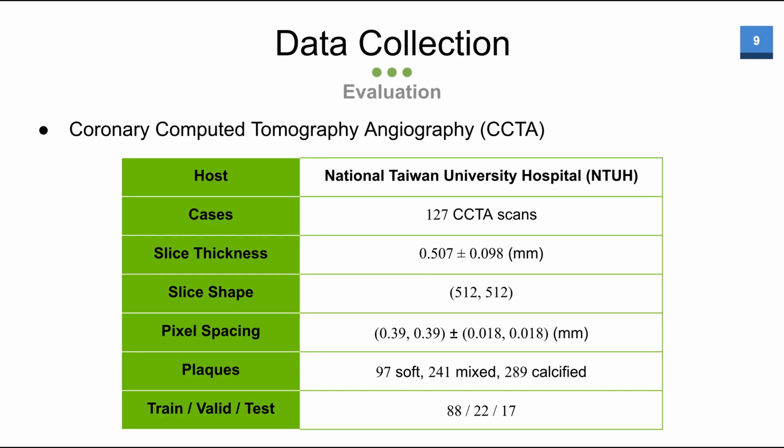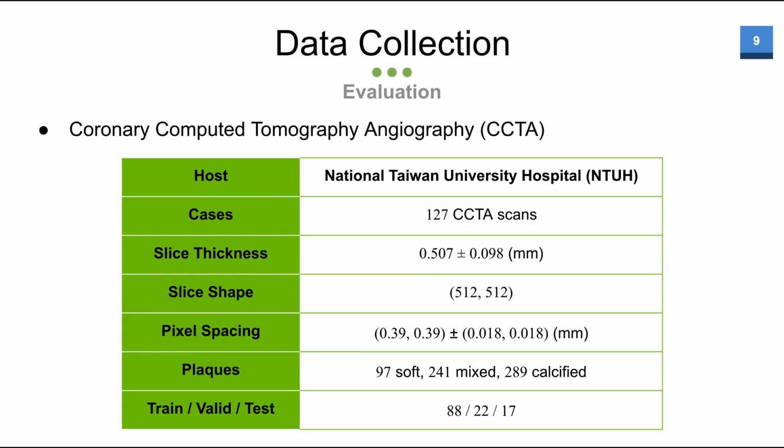To evaluate our method, we collect 127 CCTA scans from National Taiwan University Hospital. These scans are split into 88 for training, 22 for validation, and 16 for testing.